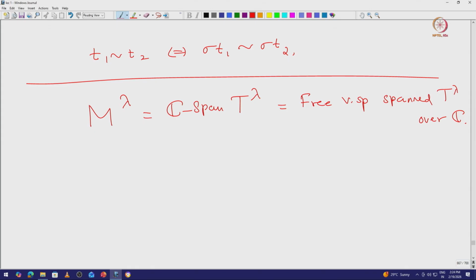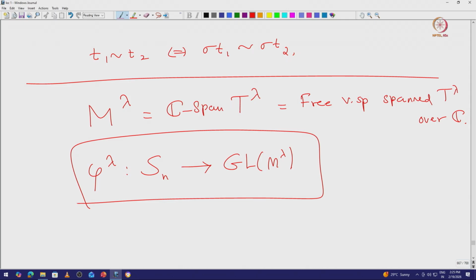So we have a natural representation, which we call phi lambda, where Sn acts on M lambda as given on the previous page.